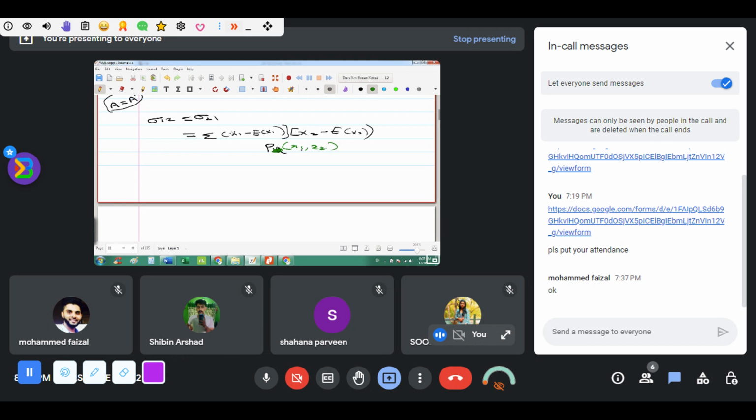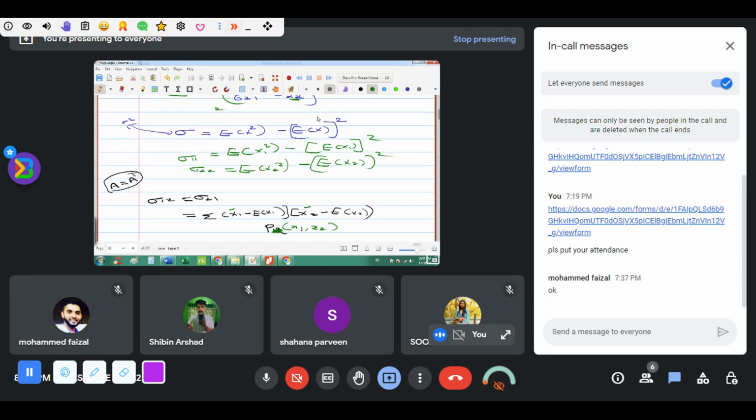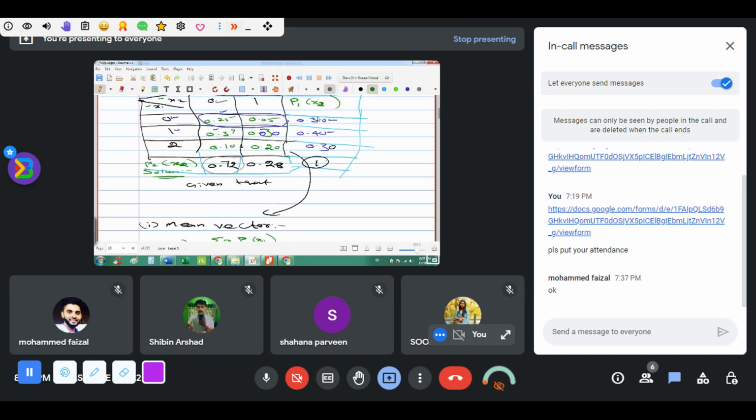Very important: this x1 value with this x2 value. Starting from the main table, the 0 0 calculation, next the 0 1 calculation, then the 1 0 calculation, the 1 1 calculation.